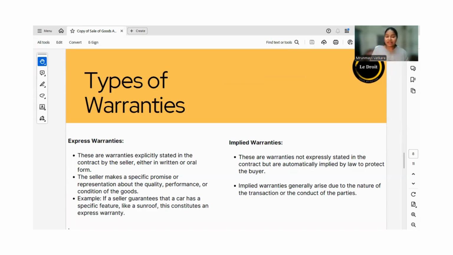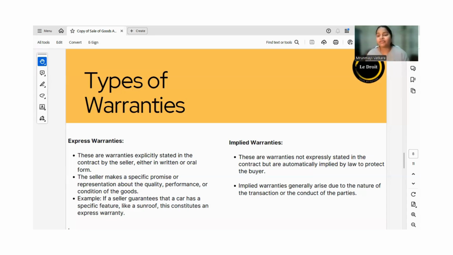For example, if a seller guarantees that a car has a specific feature like a sunroof, it constitutes an express warranty. In this case, if the sunroof is not provided, the buyer can claim damages but cannot repudiate the contract.